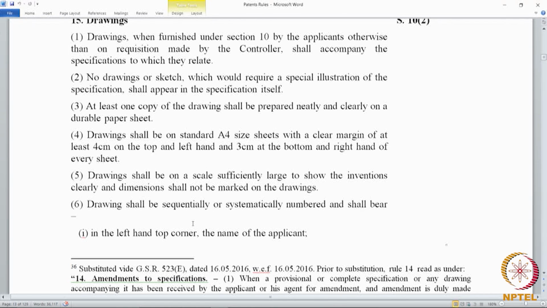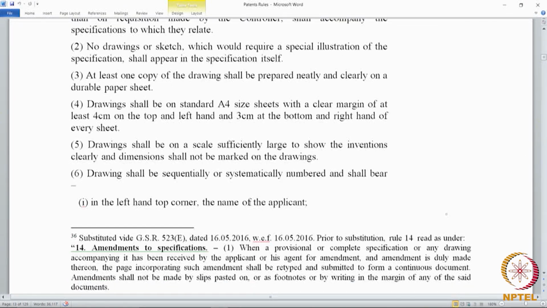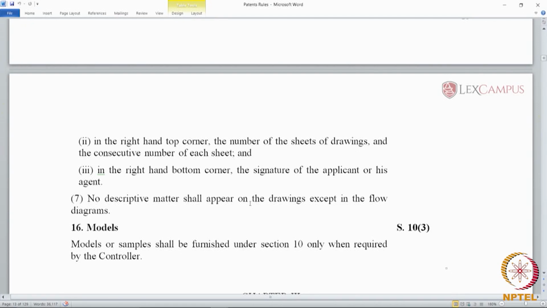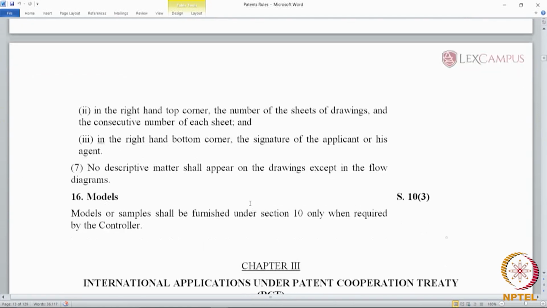So, reference should not be inside the drawing, it should be out of the drawing, in the sense that there should be an arrow mark and the reference should be by way of an arrow mark, which is the normal practice in patent drawings. 6. Drawings shall be sequentially and systematically numbered and shall bear in the left hand top corner the name of the applicant, and in the right hand top corner the number of sheets of drawing and the consecutive number of each sheet, and in the right hand bottom corner the signature of the applicant or the agent. 7.